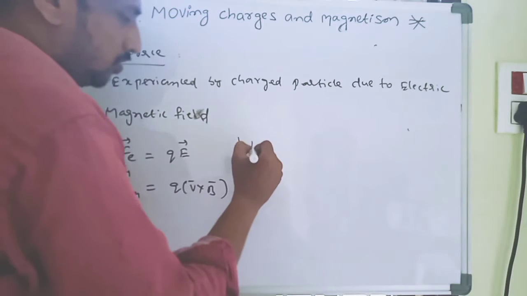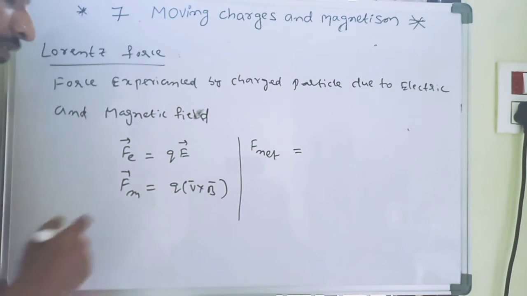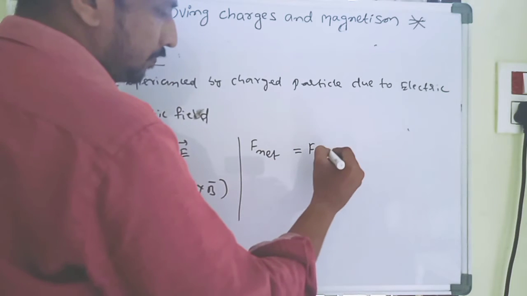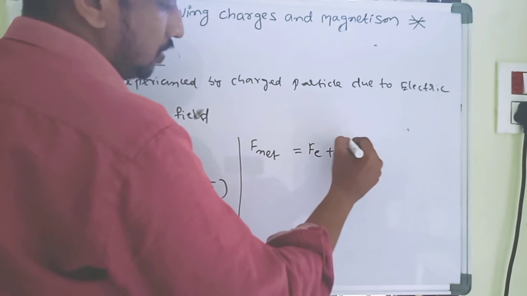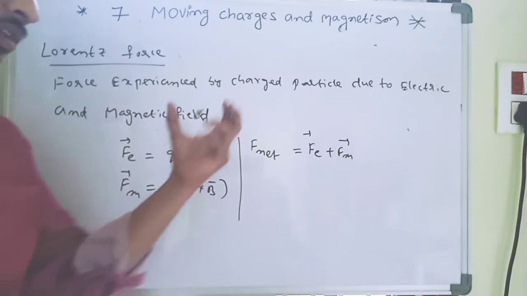Therefore, what is the net force? The net force is the total force of Fe plus Fm. This is the net force experienced by the charged particle.